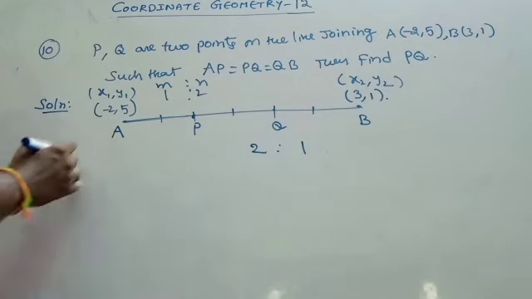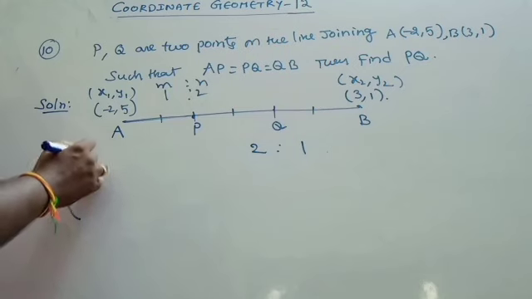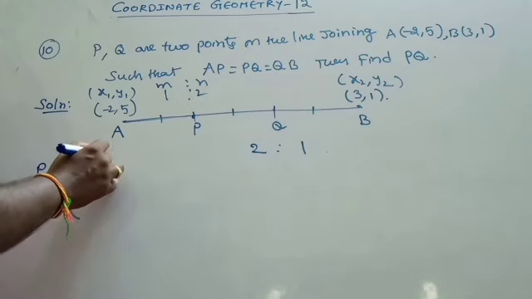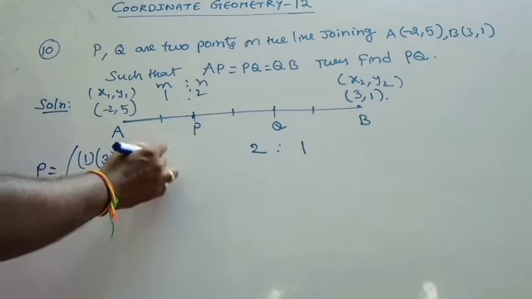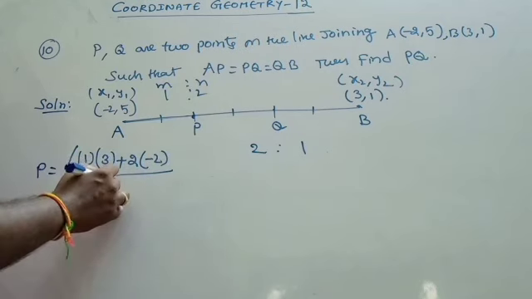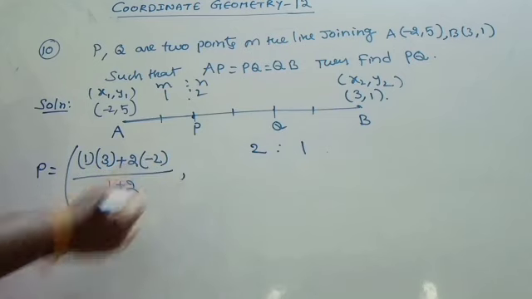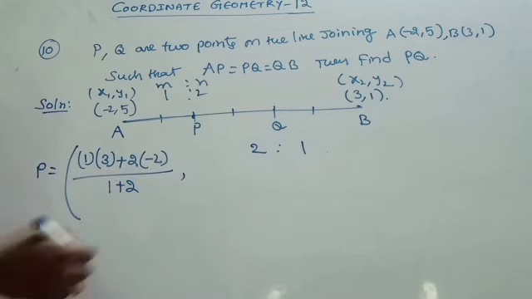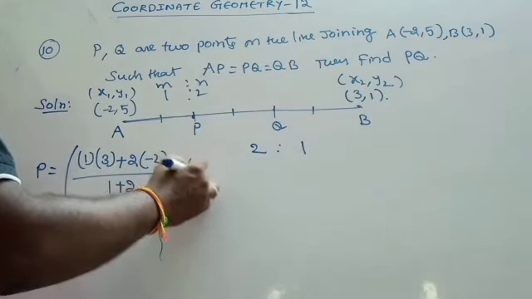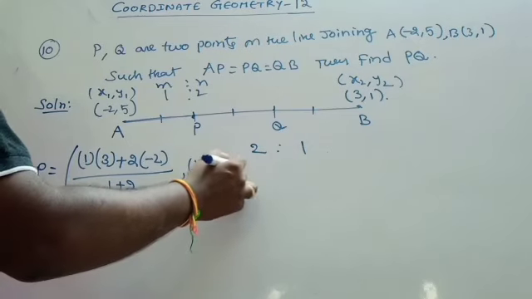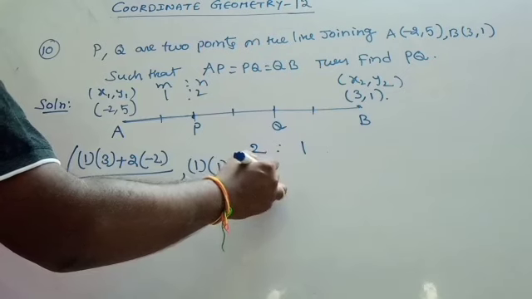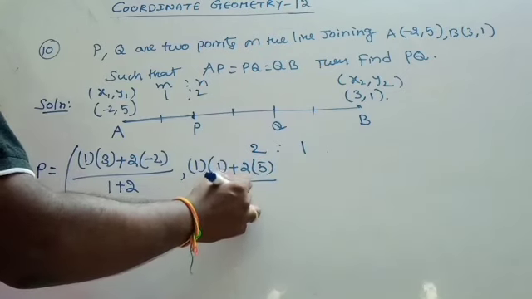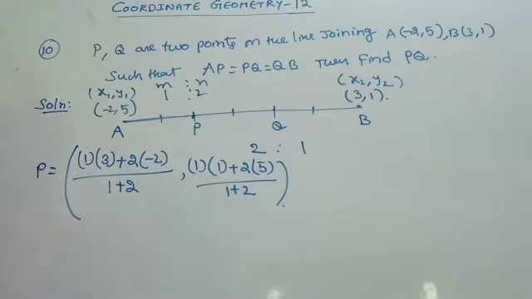P is (mx2 + nx1)/(m + n), where m is 1, x2 is 3, n is 2, and x1 is -2, with m + n being 1 + 2. Comma, (my2 + ny1)/(m + n): m is 1 into y2, y2 is 1, plus n is 2 into y1, y1 is 5, by 1 + 2.